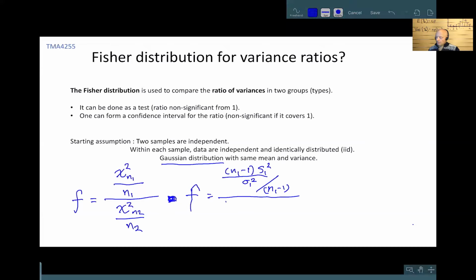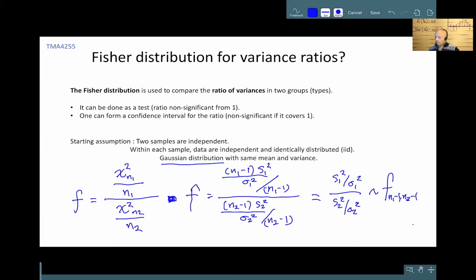And in the denominator, we have n2 minus 1 times the second group variance, s2 squared over sigma 2 squared, and we divide by n2 minus 1. We see that these sample sizes cancel. What we're left with is s1 squared over sigma 1 squared divided by s2 squared over sigma 2 squared. And this is Fisher distributed with n1 minus 1 and n2 minus 1 degrees of freedom.